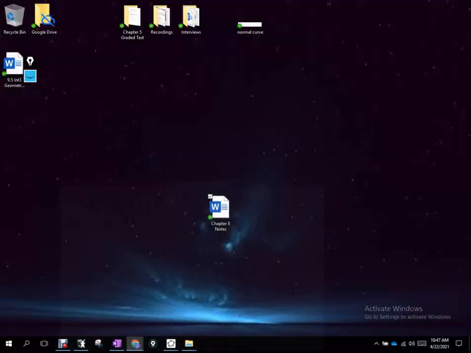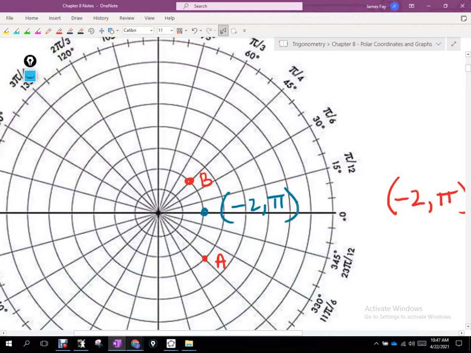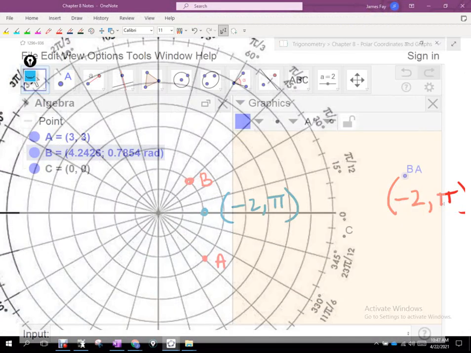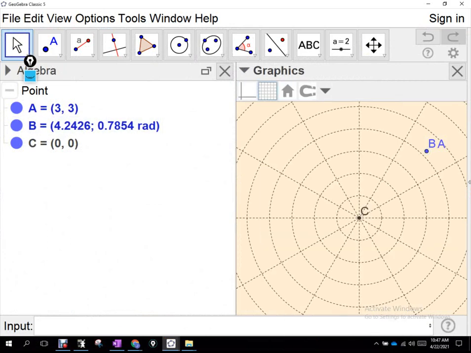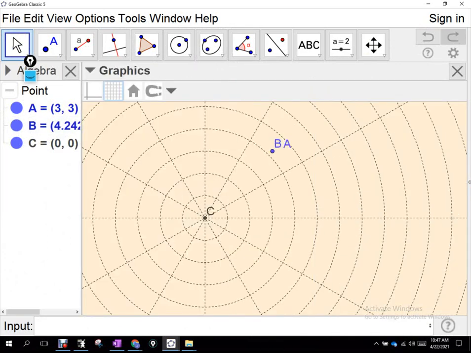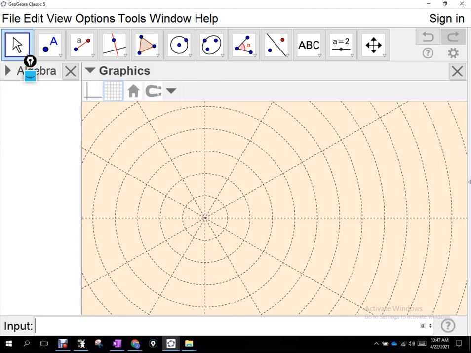So let's see something here real quick. Let's go to GeoGebra. If we put our polar coordinates back in, and I just ask it, what does negative 2 comma pi look like? It's that point right there.